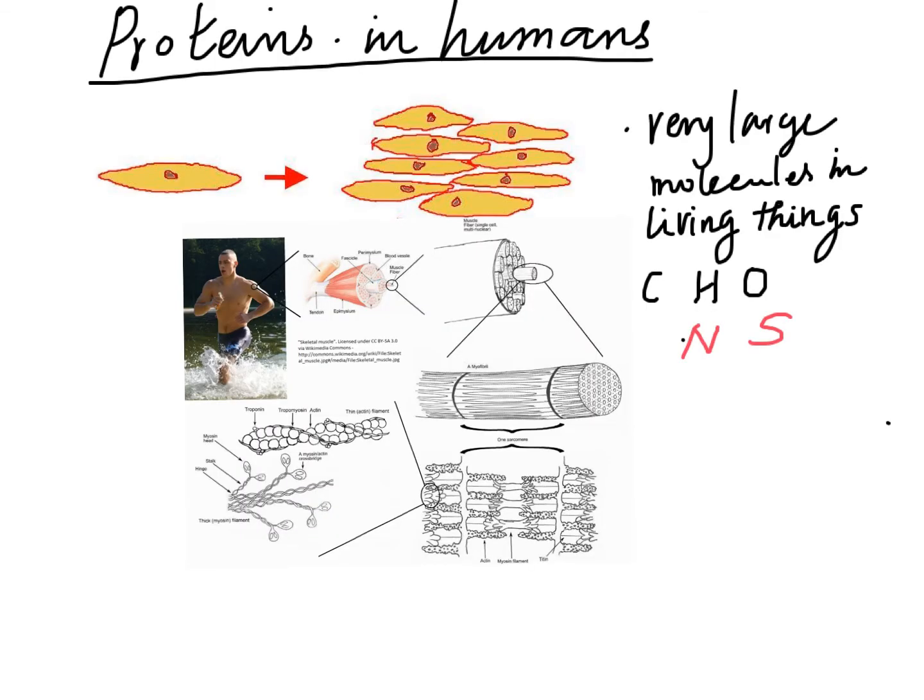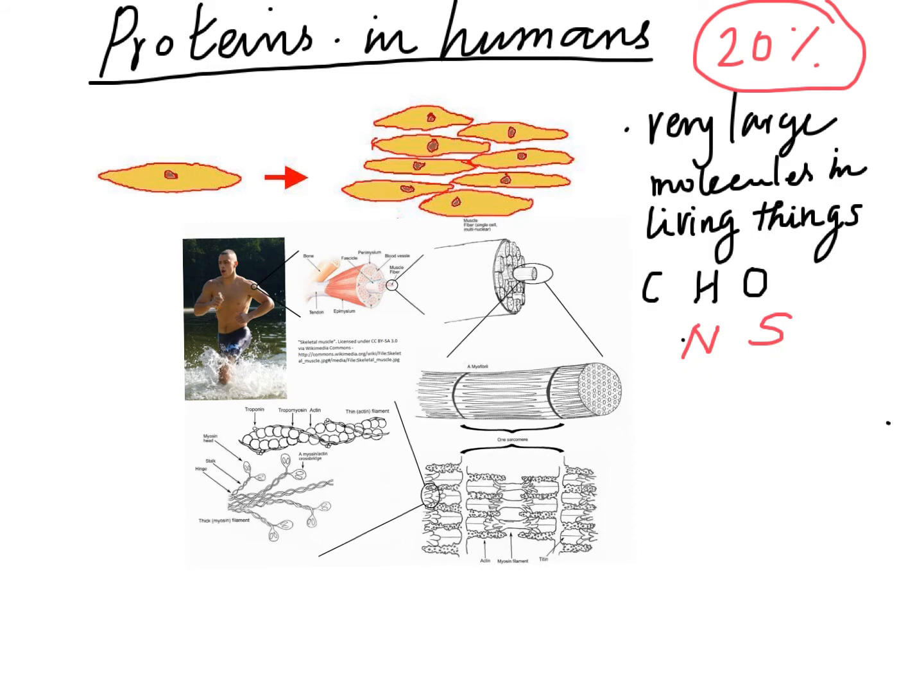So, what are proteins and where are they found in our body, in humans? We can say 20% of our body mass is made of proteins. So that means it is pretty much a building block of nearly all living things. Proteins are very large molecules found in living things. They are made up of mainly these elements: carbon, hydrogen, oxygen, nitrogen, and sulfur.